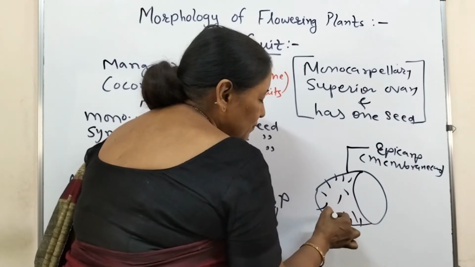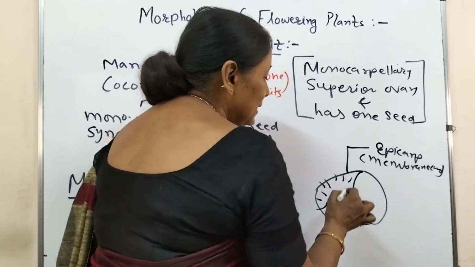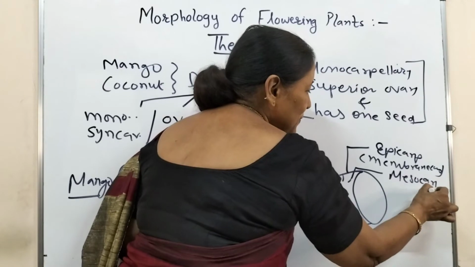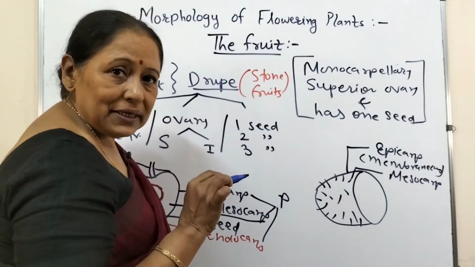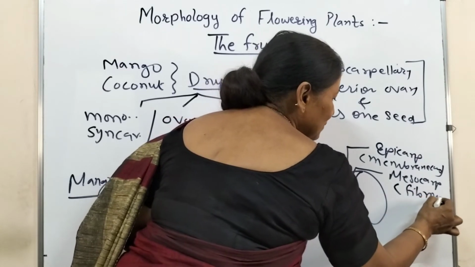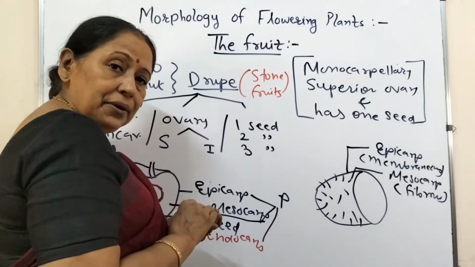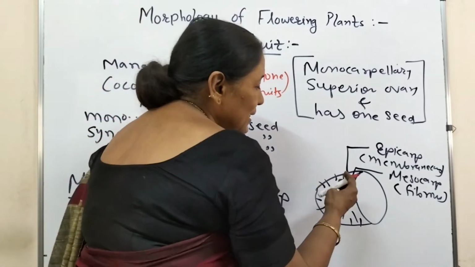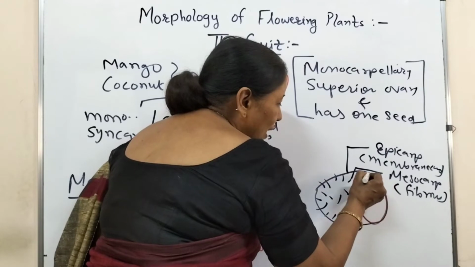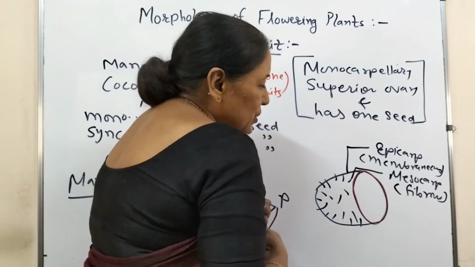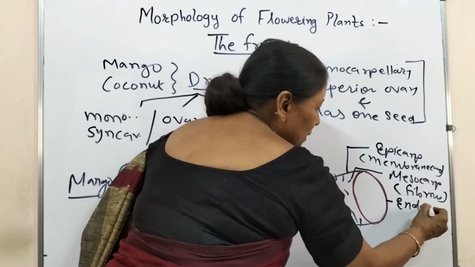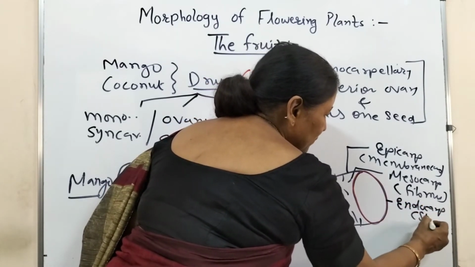The coconut fiber that we extract, this is the mesocarp. So the mesocarp is not edible here. This mesocarp is fibrous. What about the endocarp? In the same way, this is the endocarp which has become hard and stony.